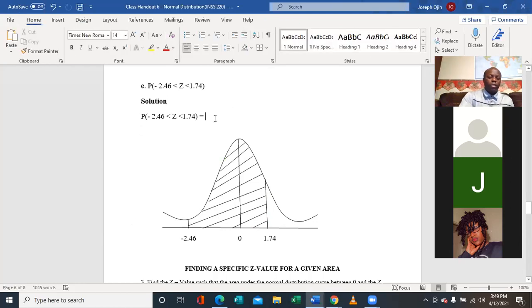So for negative 2.46, now we go to the table. Remember, the negative sign is just to tell you that it's on the left side. So when you go to the table, you're not looking for negative 2.46. You're looking for 2.46. Negative is just to help you to draw the appropriate chart.